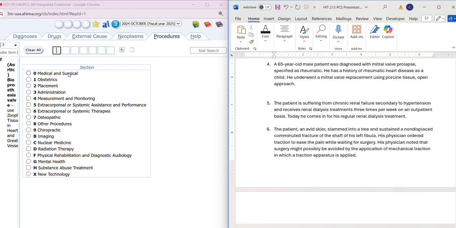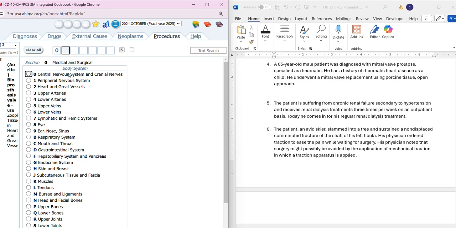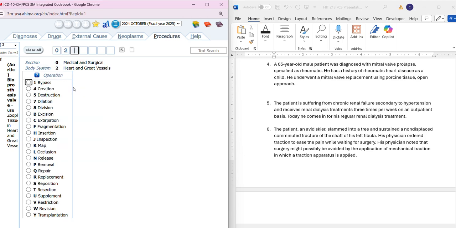So the first section is going to be medical surgical, and for body system, it's going to be the heart and great vessels. It's number 2.